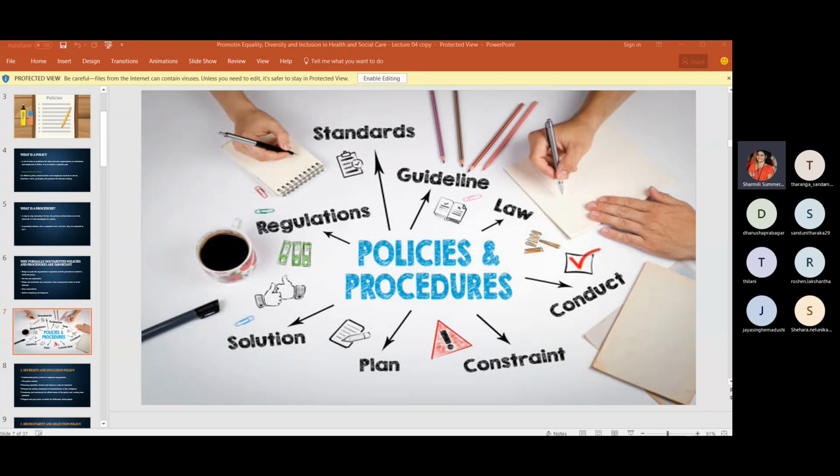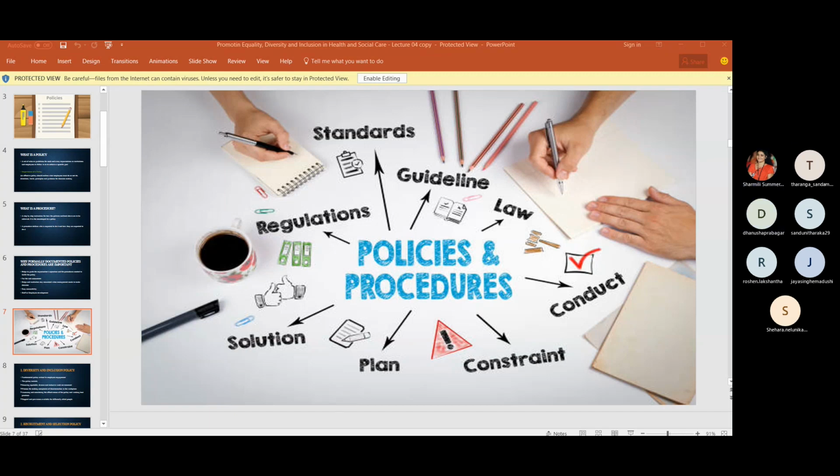This diversity and inclusion policy is a very crucial and critical policy for employee engagement. Majorly, this policy includes ensuring an equitable, diverse and inclusive work environment. This policy could be applicable to any kind of workplace.